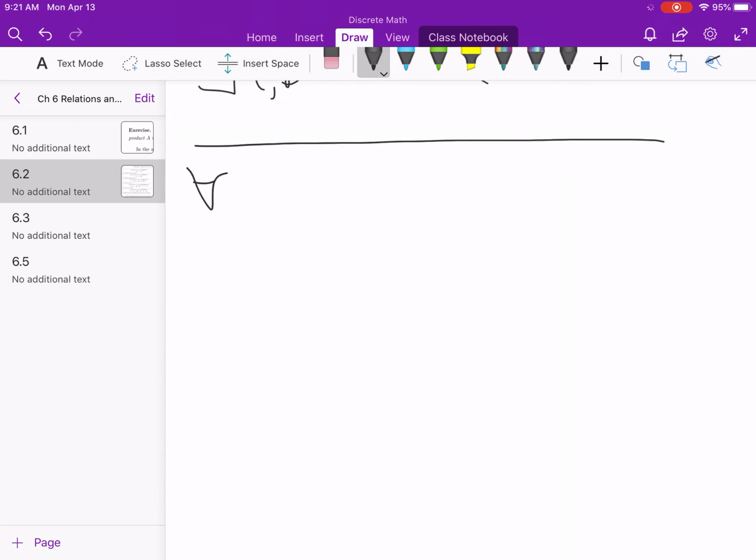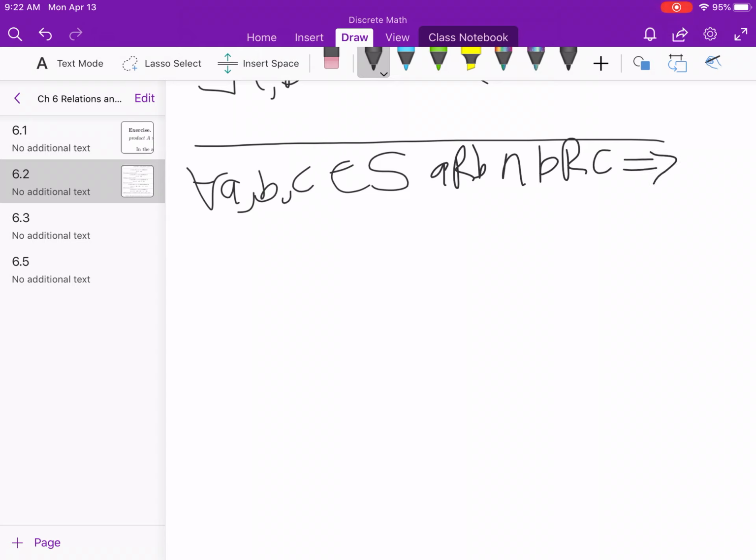For all A, B, and C in S, we could say A is related to B, and B is related to C, then we could say that A is related to C.